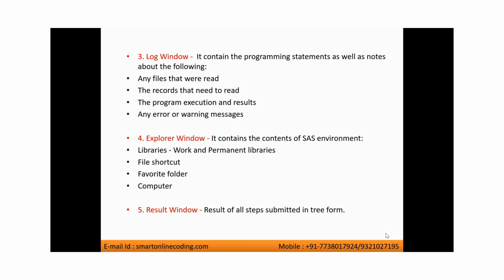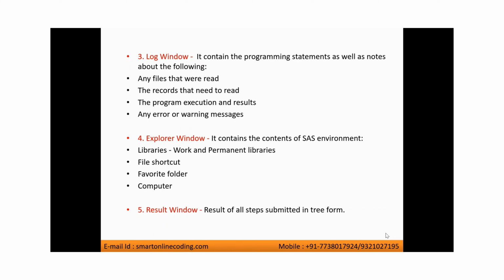Okay, I'll proceed further. What is the third window? Third is the log window, which is the most important window. It contains the programming statements as well as the notes about the following things: any files that were read, the records that were read, the program execution and results, any error or warning messages.